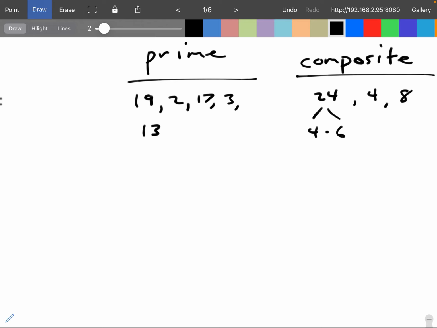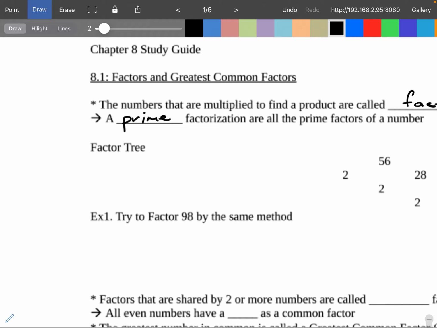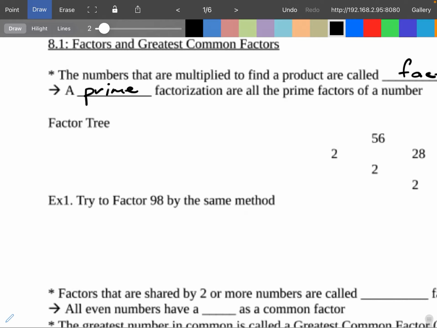So they're prime if you can only write them like 13, you can only write it as 13 times 1. 17 is prime because you can only write it as 17 times 1. All right, so there's some examples of some prime and composite numbers.